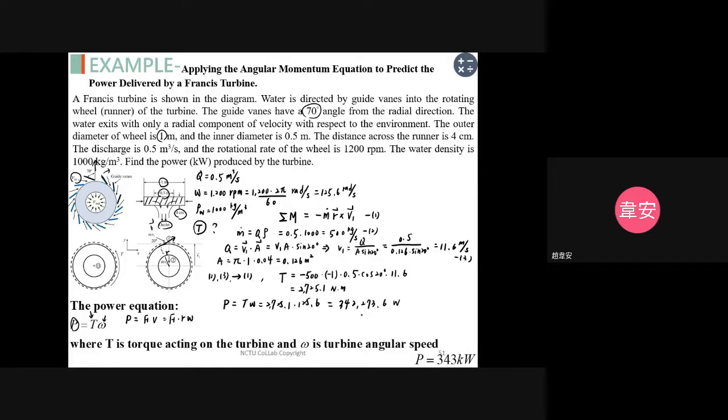Okay, so it's around 343 kilowatts. So this is our final answer.